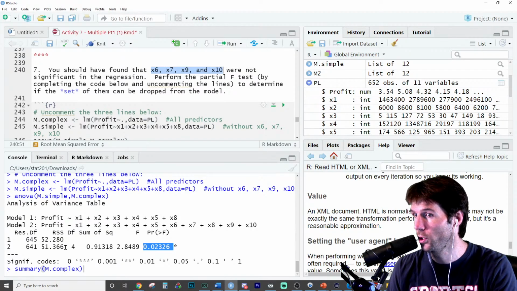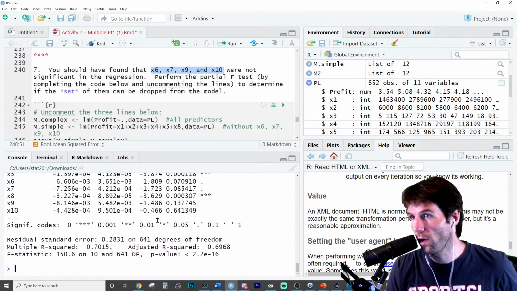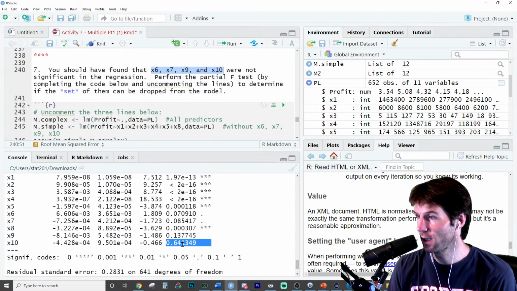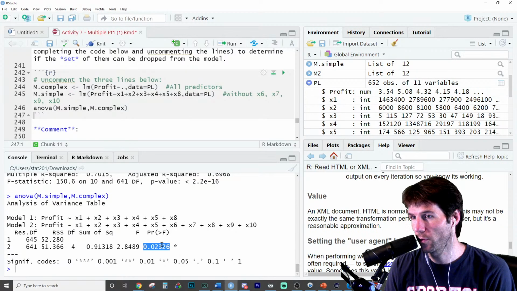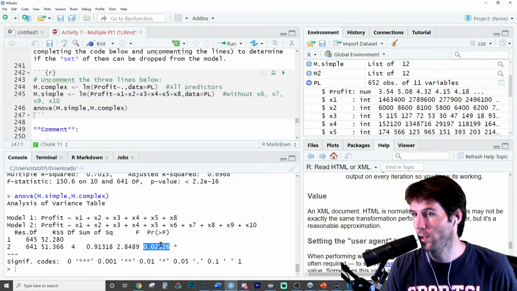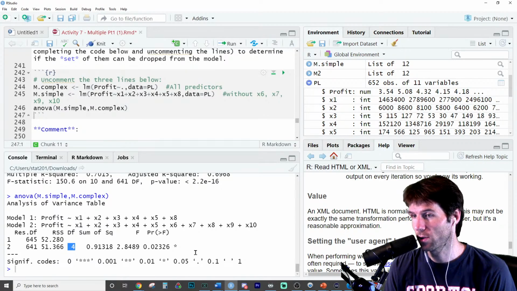So it's saying that the inclusion of these 4 variables would bring significant information, even though we see right here that x6, 7, 9, and 10 are not significant. Including those variables do bring with them new information that reduces the sums of squared error that is unlikely by random chance. So including these 4 variables right here, so the degrees of freedom right here are the inclusion of the extra variables.